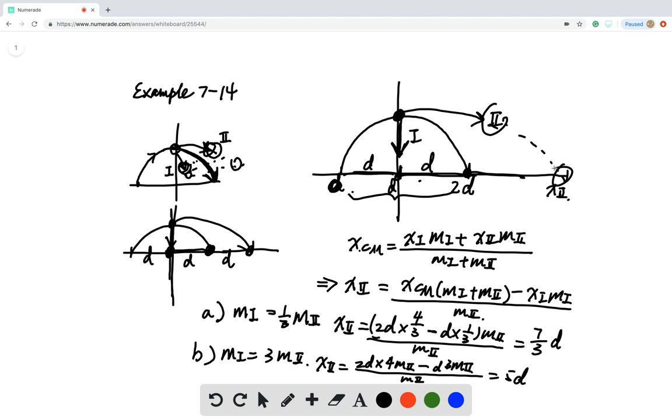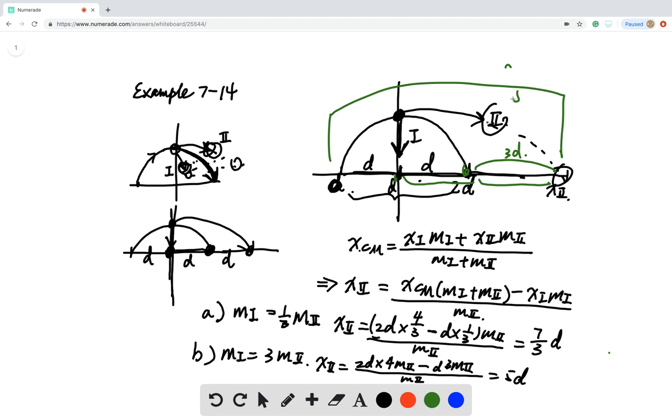Or we can also just try to visualize it, because if this mass is 1/3 of this, then we can imagine that m2 would fly much further. So this ratio, this is d, this should be 3d. Then this is a total of 5d.